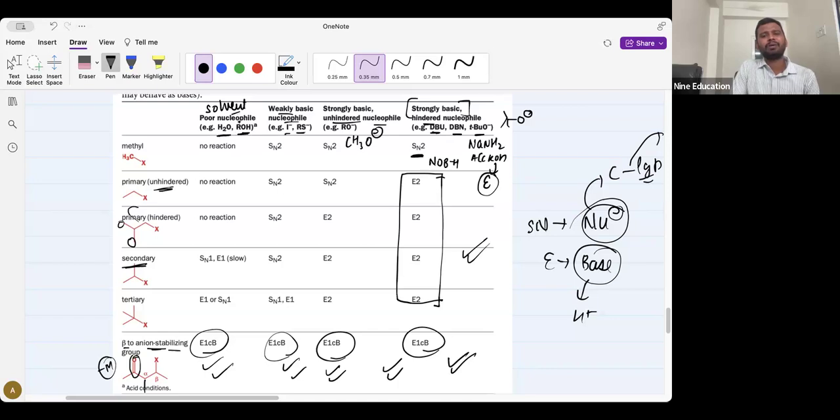All solvents are poor nucleophiles, in which you have to check SN1 and E1. Simple one. If you have poor nucleophiles, SN1 and E1 will go. Nucleophile is very poor. You have to check the stability of carbocation. It is stable in 3 degree and in 2 degree. Therefore SN1 and E1.